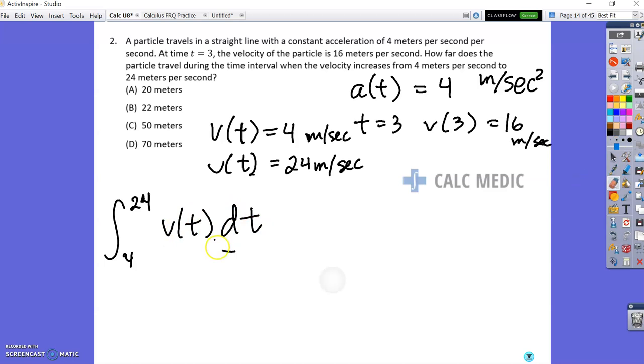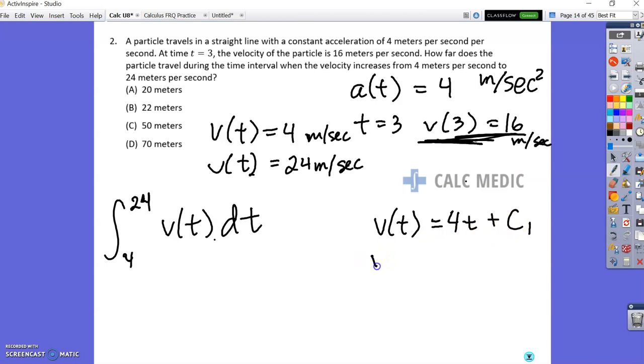And so we're going to have to do some integration here. So a of t is 4. That makes v of t 4t plus some constant. Then we're going to use this initial condition to help us find out exactly what it is, what C1 is.